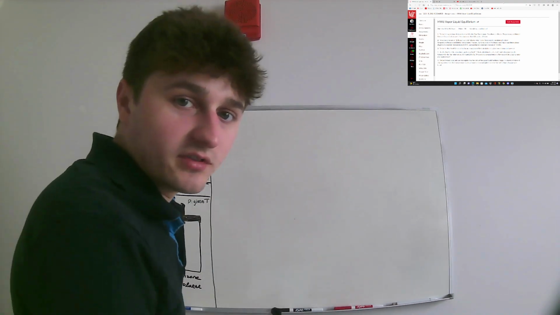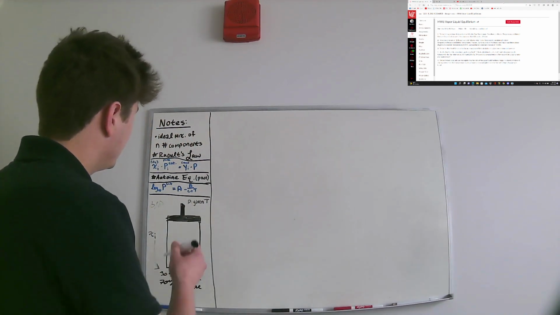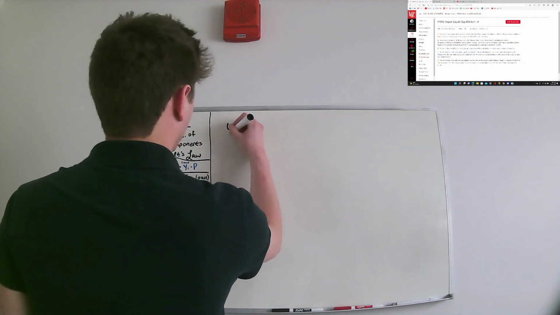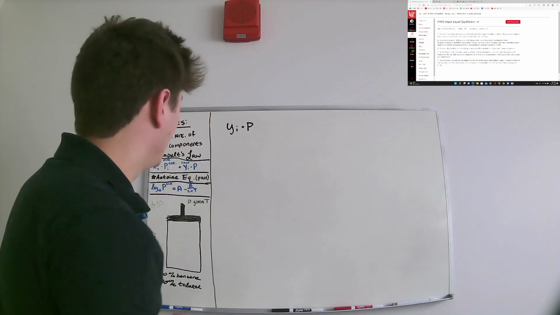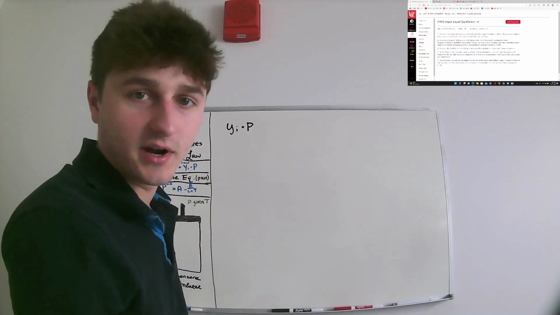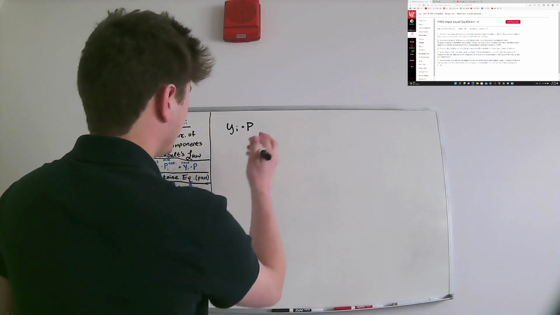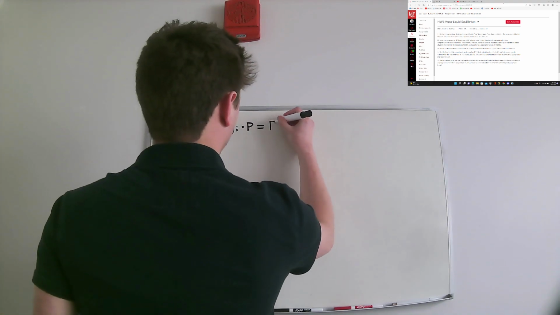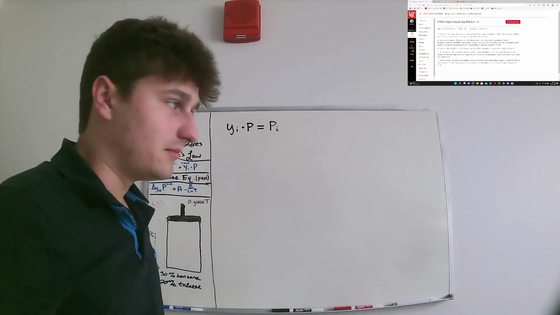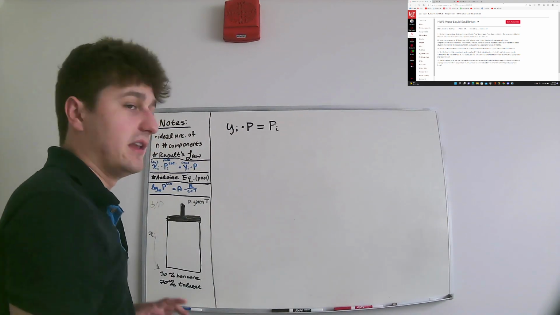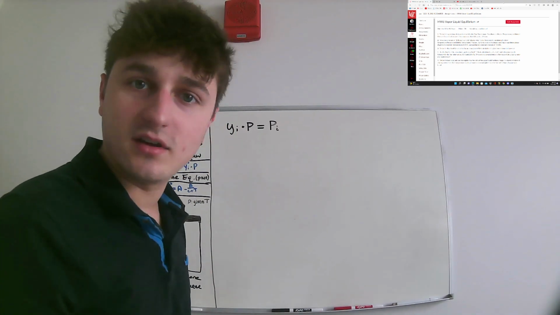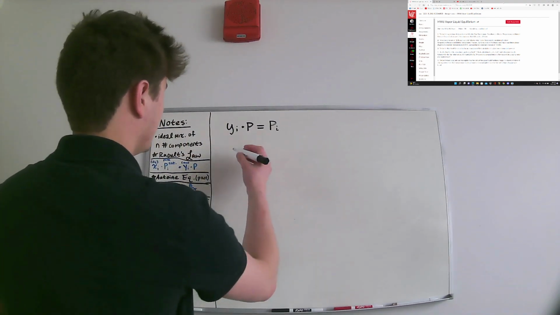When we look at the right side of this equation, the total pressure, the vapor mole fraction times the pressure, is going to equal the partial pressures for each gas. So what we can do with that is set up a summation, making the left-hand side equal to the right-hand side.